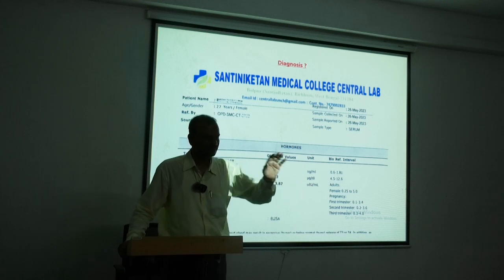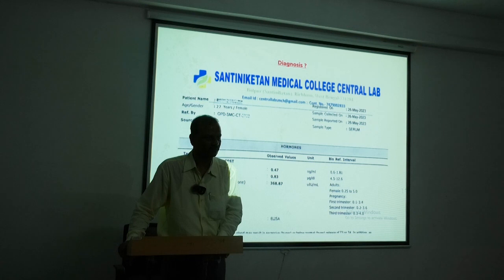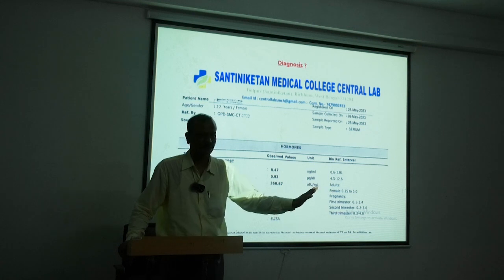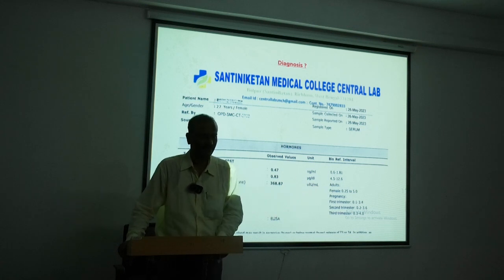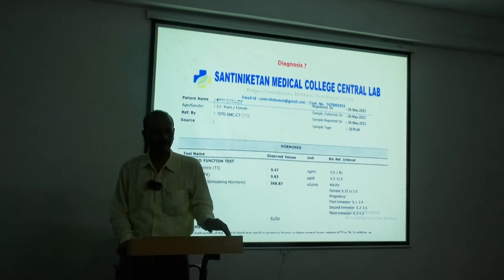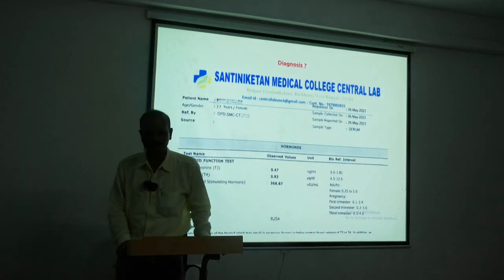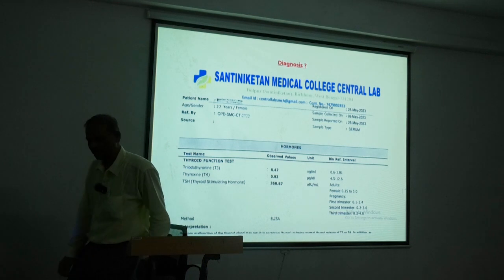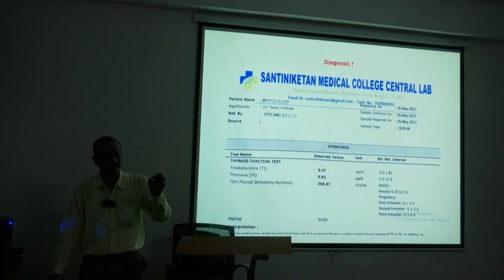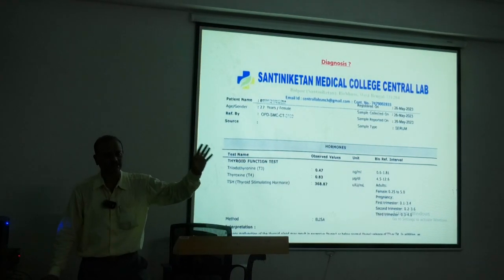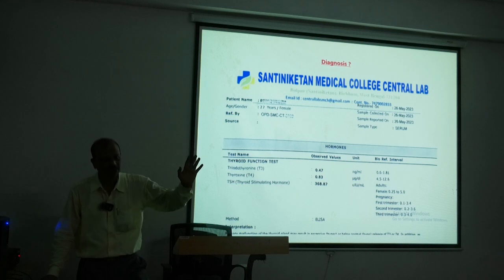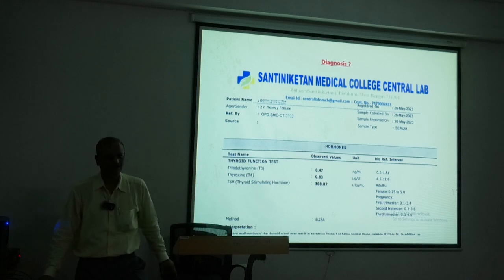If you do the TSH, there is no need for TRH also. In this case, if you do it, TRH will also be high. But without the hypothalamic axis, this will not function. The thyroid gland is under the influence of the pituitary gland, which is under the instruction of the hypothalamus. If the hypothalamus is diseased, obviously, even if the level is low, you will not get a high TSH level. That you must remember. Is this part clear?